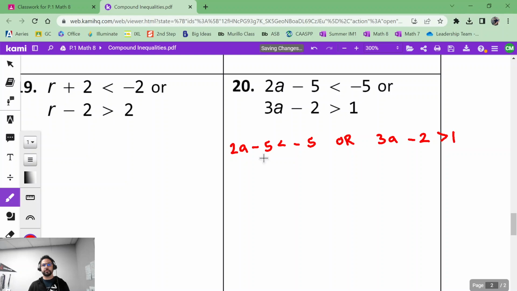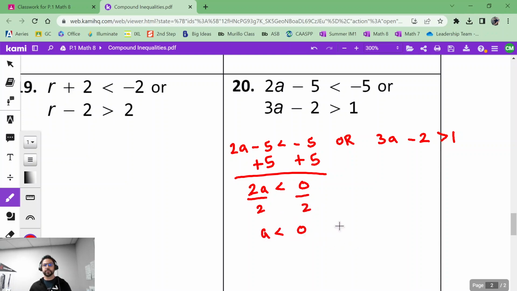Let's add 5 to both sides. So 2a is less than, well, negative 5 plus 5 is 0. Divide by 2. So a is less than 0. Put the or there. So again, it's really just solve one, solve the other.